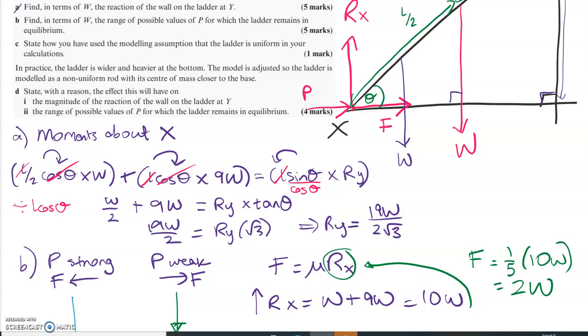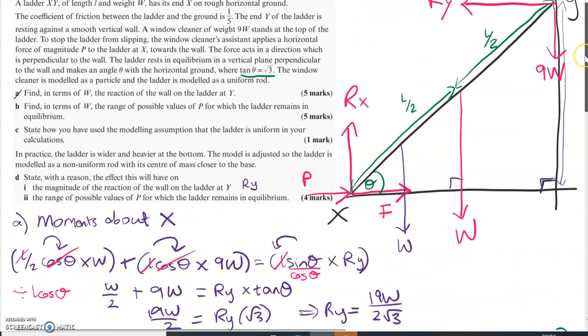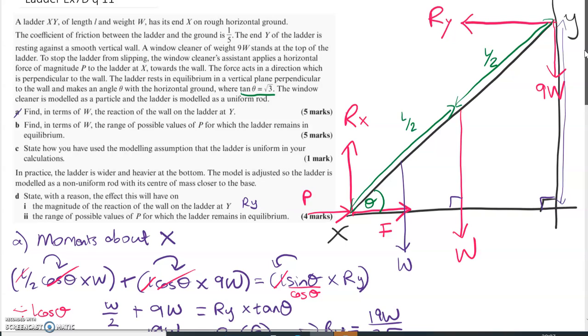Now, if that was true, what effect would it have on Ry, which is the reaction at Y, and the range of values for P? If you've got the weight acting closer to the bottom rather than the middle, hopefully you can see that would take the pressure off the wall. So that means you'd expect Ry to be smaller.